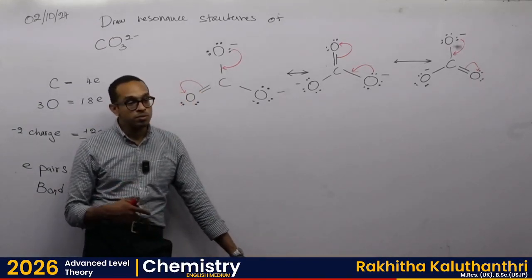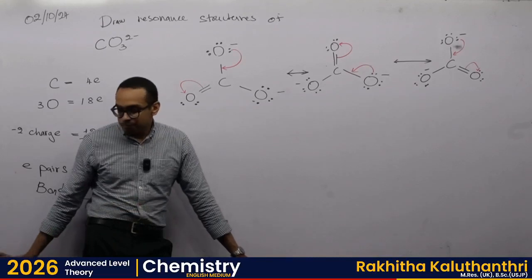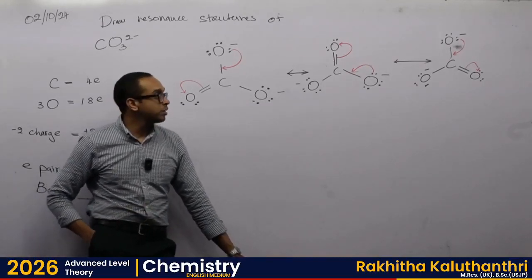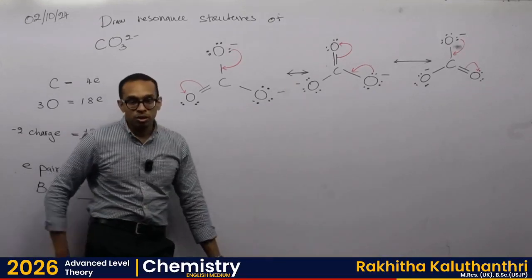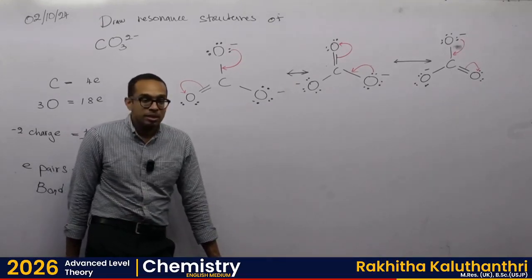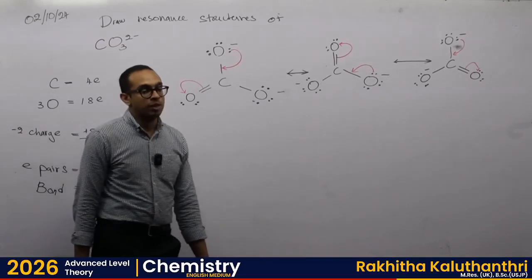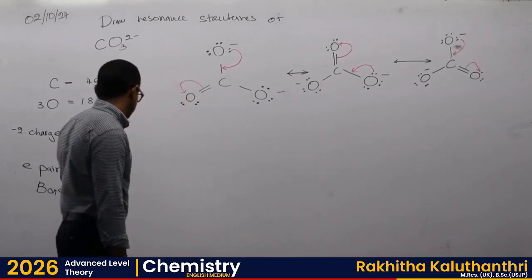It will be easier for you. Some of you will come to the level where you don't need the electron transfer to be shown. You know the structures, but it's always better to show the electron transfers so that you don't make any mistakes, as well as you won't lose any marks.